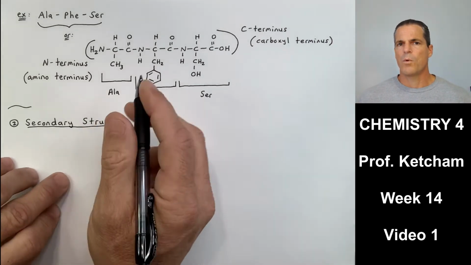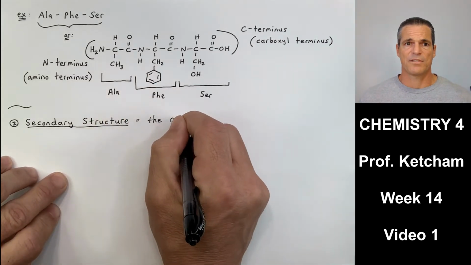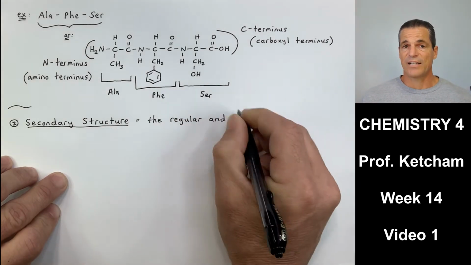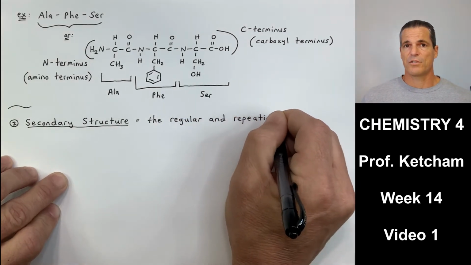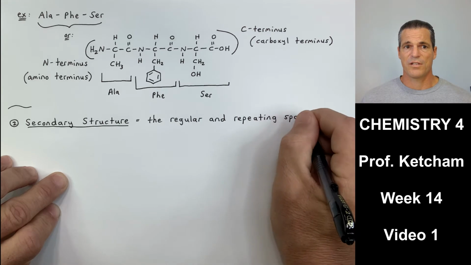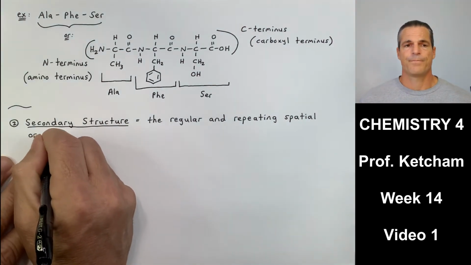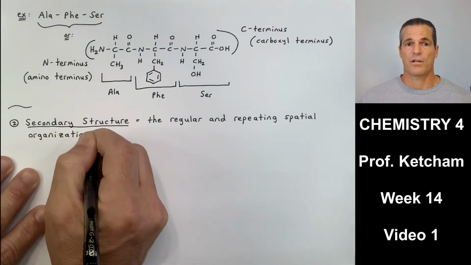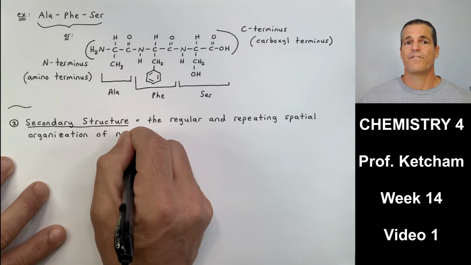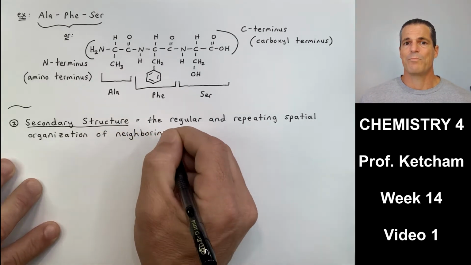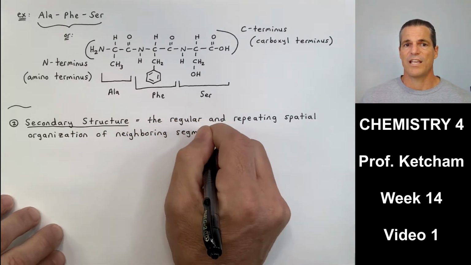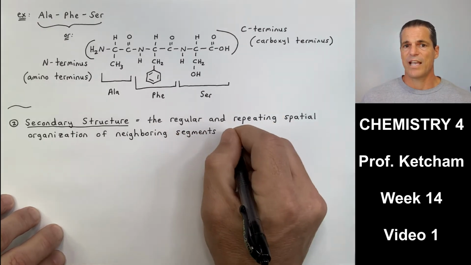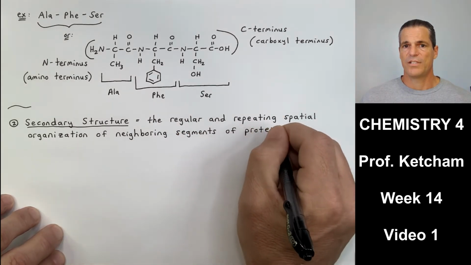All right, so number 1 is our primary focus in chapter 16. There are secondary structures, tertiary structures, and quaternary structures. So let's go over a little bit of them now. Number 2, secondary structure. This is defined as the regular and repeating spatial organization of neighboring segments of protein chains.